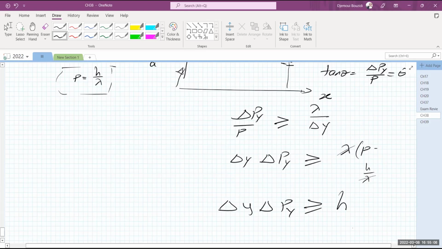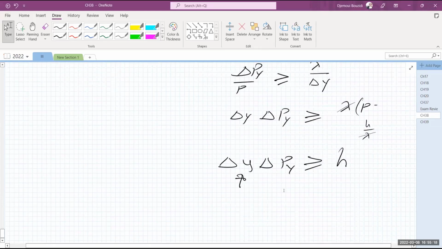So here is the dilemma that we're facing. If I make the aperture as narrow as possible, delta p y will become huge. I have no idea what the momentum of that light is. If I make it as narrow as possible by making it go through a small opening in here, so delta y is small, obviously delta p y is greater than or equal to h over delta y.